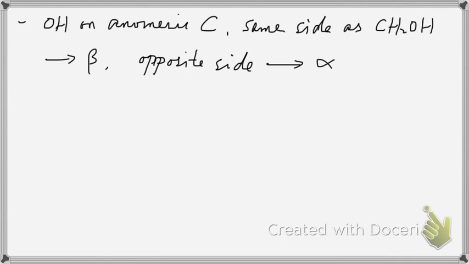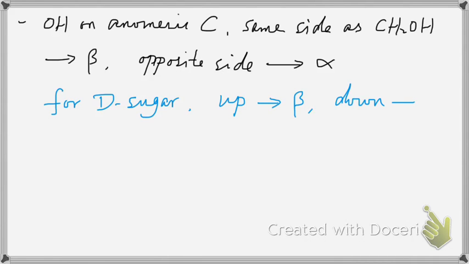But just now we mentioned that the terminal CH2OH, when we have a D sugar, will always be pointing up, right? So for D sugars, CH2OH is always up, then if the OH on the anomeric carbon is up, that's the beta form. Down, that's the alpha form. Okay, this is true only for D sugars. For L sugars, it will be the opposite.